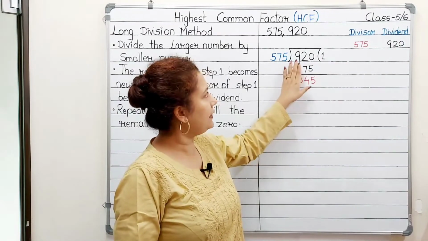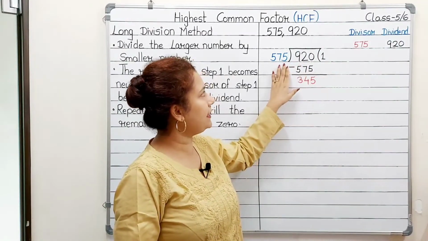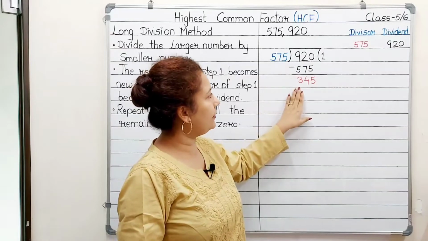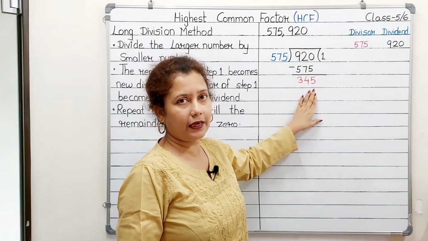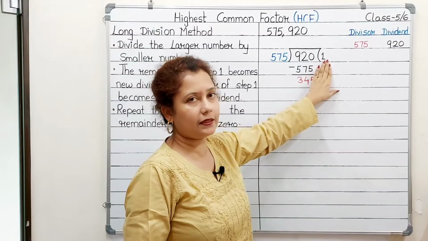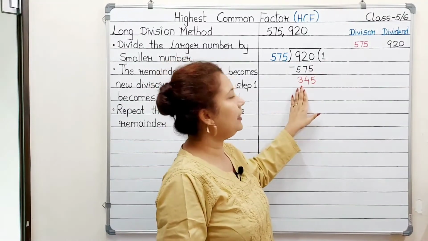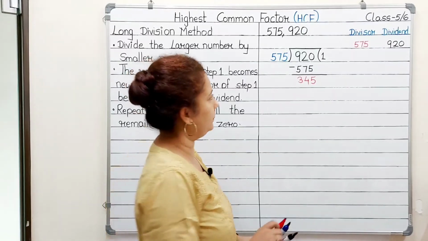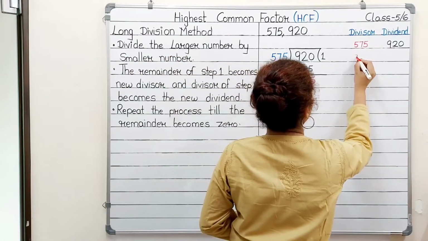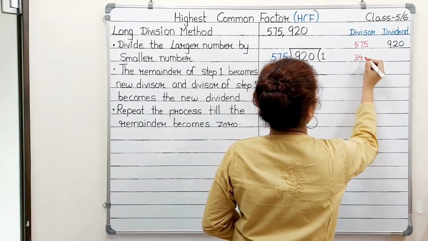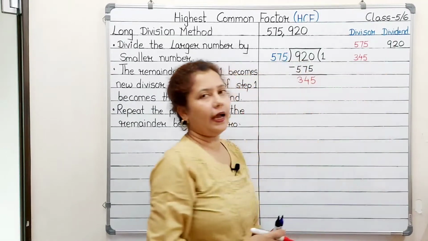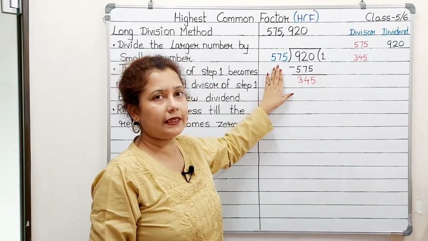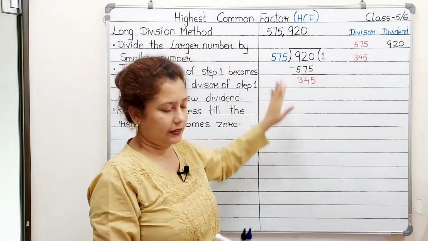When we will divide 920 by 575, we will get 345 as the remainder and 1 as the quotient. So here 345 is our new divisor. And the divisor of the previous step will be our dividend.